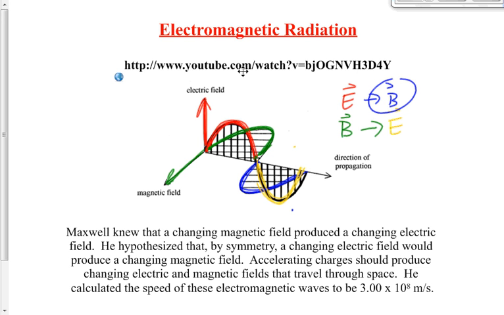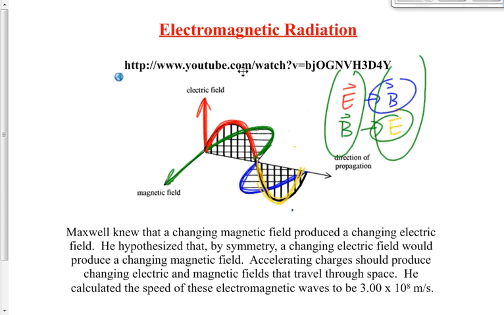In order to get the green magnetic field to make the yellow electric field, the magnetic field had to be changing. If they're constant values, you still have this, but you don't have the new electric and magnetic field. And that's critical to the whole notion of electromagnetic radiation, because if you don't have more electric and magnetic fields made, and then in turn, even more electric and magnetic fields made, then you don't have electromagnetic radiation. You just got a simple electric and a magnetic field.